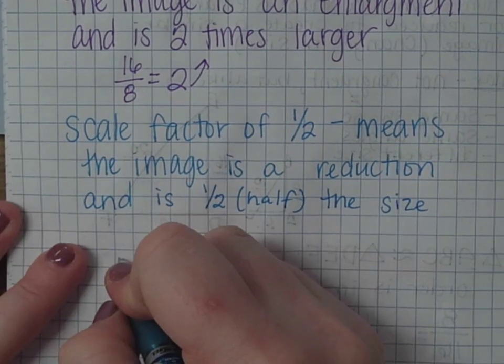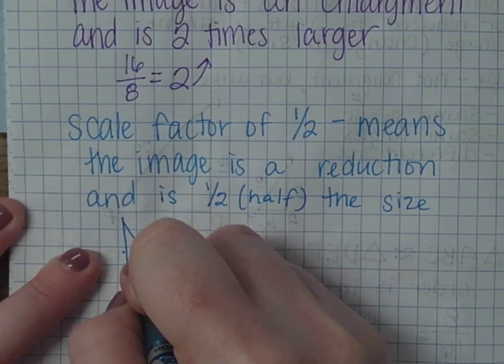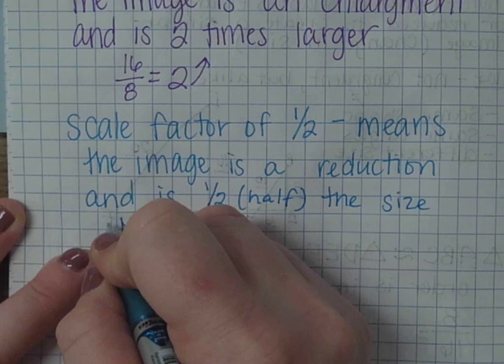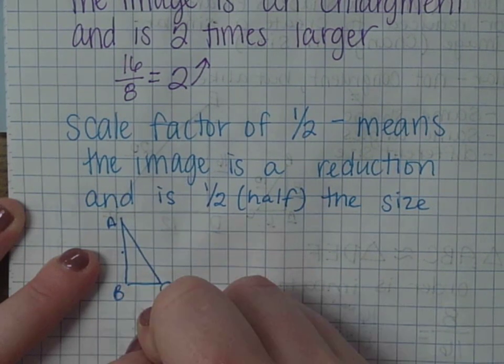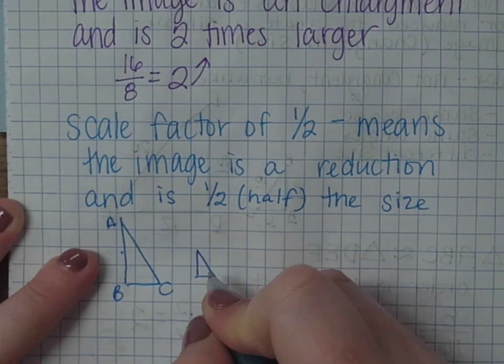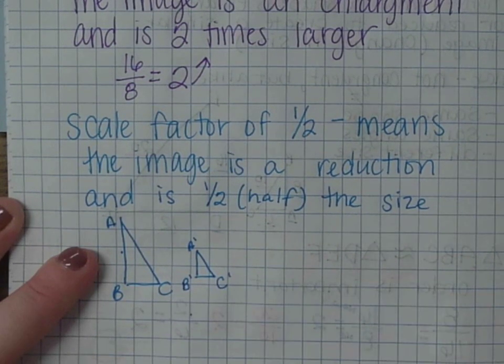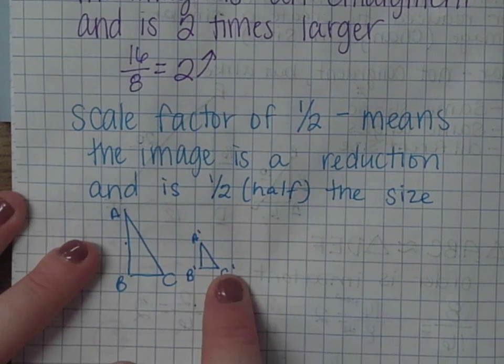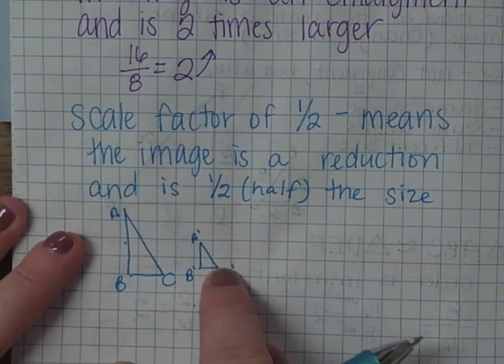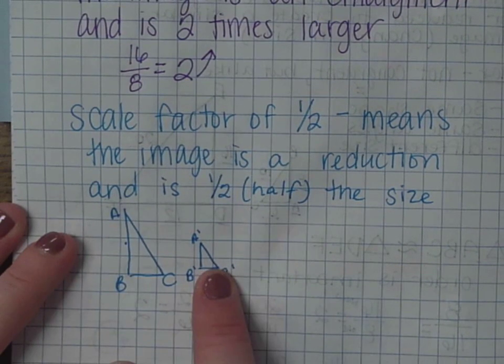So if I said that this was A, B, C, and that this is A prime, B prime, and C prime, this is a reduction. Remember, this is the pre-image, this is the image, so it got smaller.